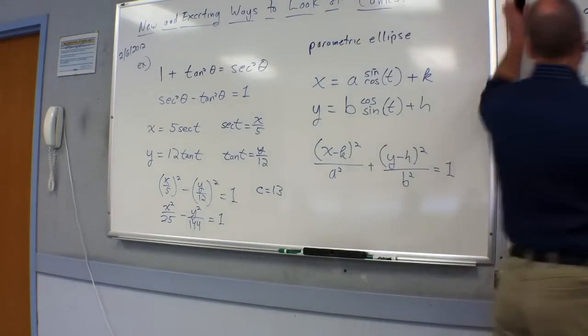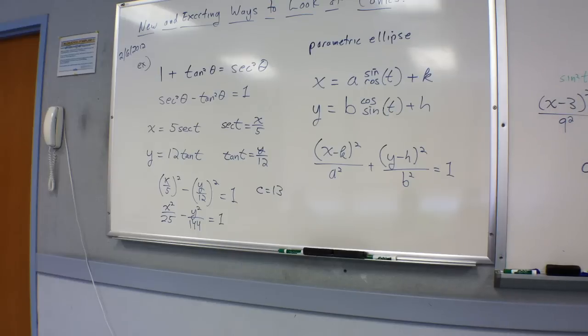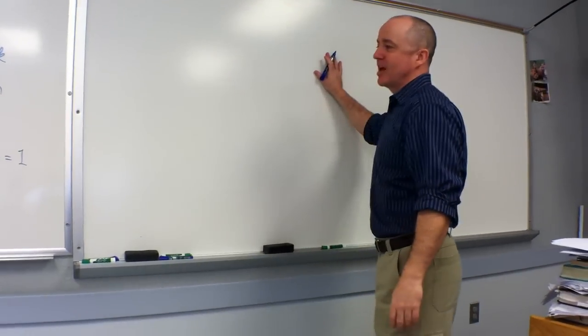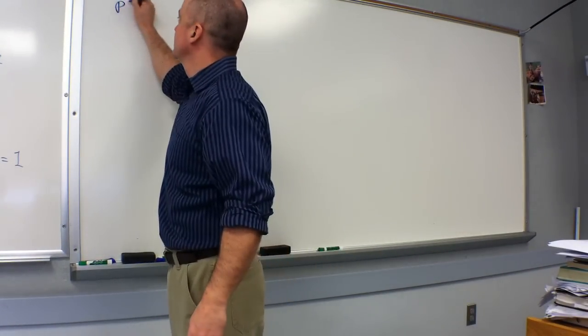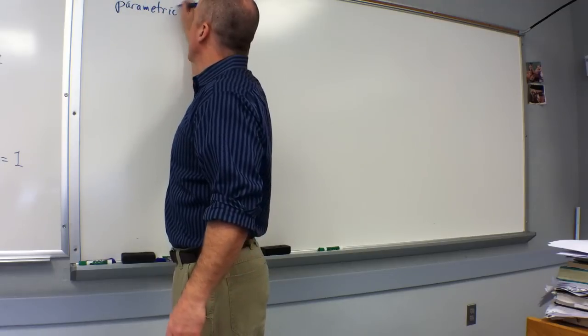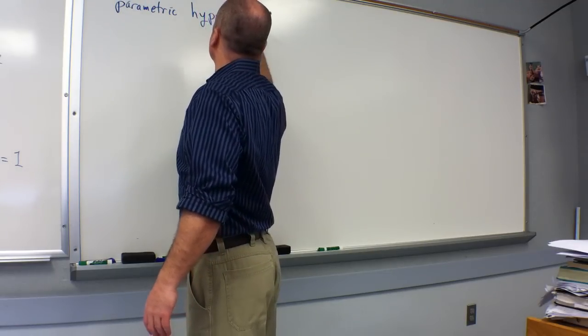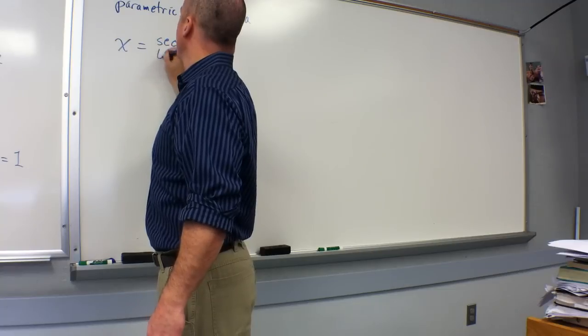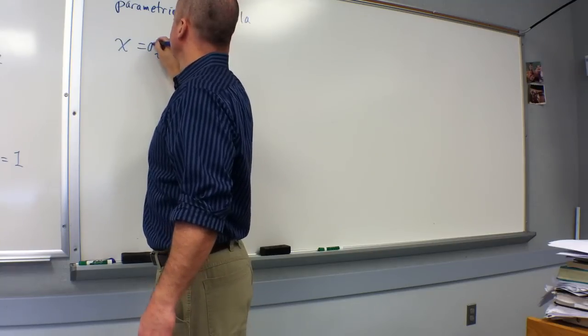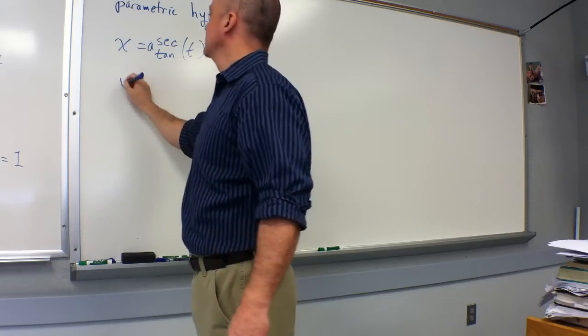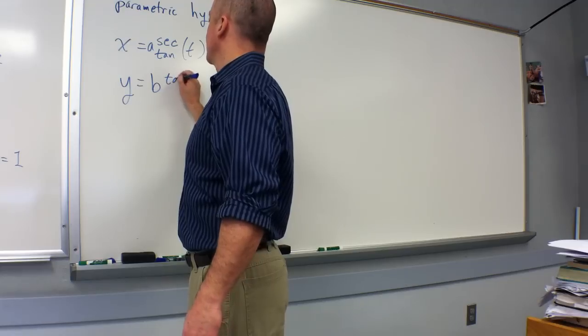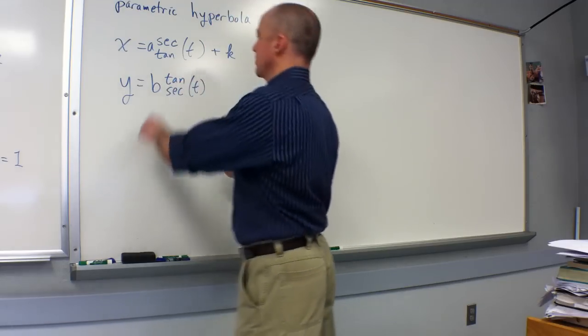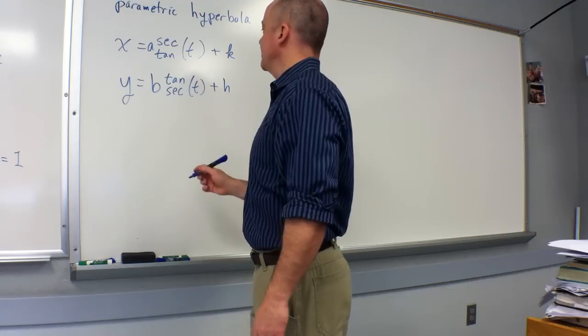The parametric hyperbola is going to be x equals either secant or tangent of t times a plus k, y equals b times either the tangent or secant of t, whichever one you didn't see up here, plus h.